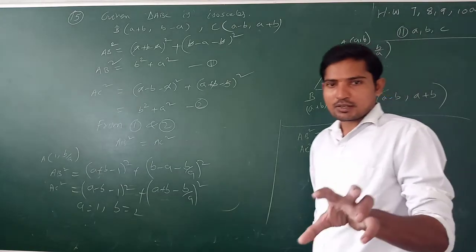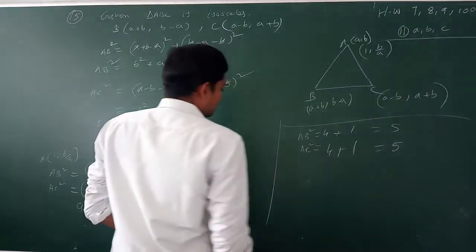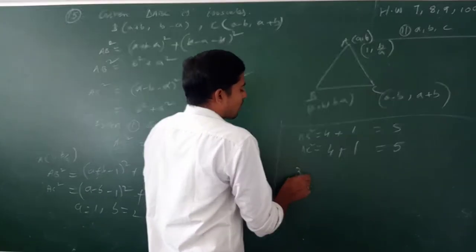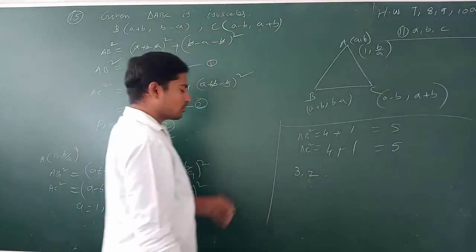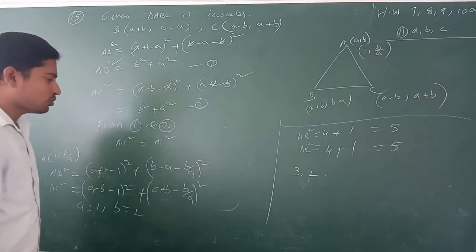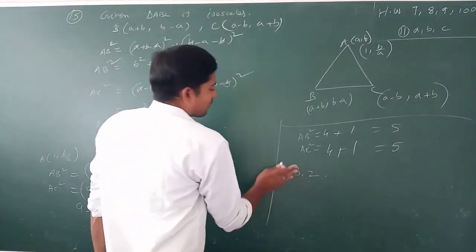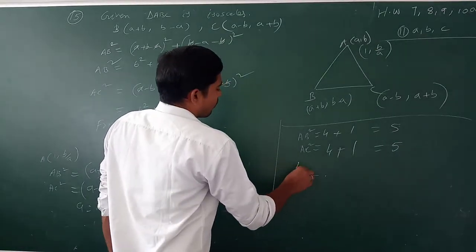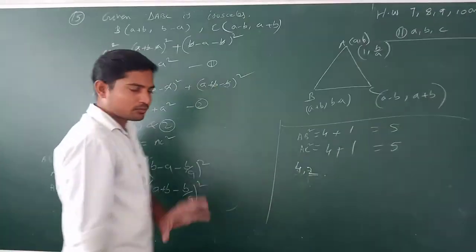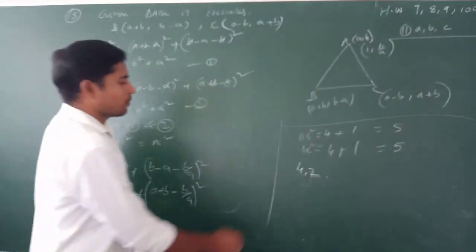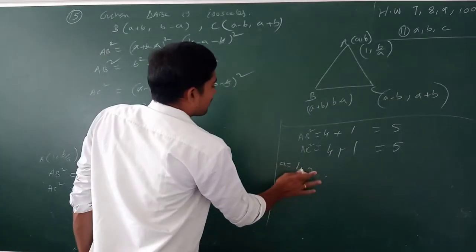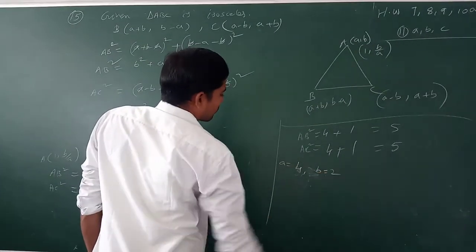Let us suppose that we take 3 comma 2. 4 comma 2. Let us take A equal to 4 and B equal to 2. Then what happens?